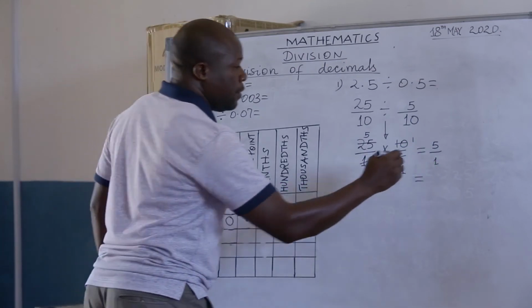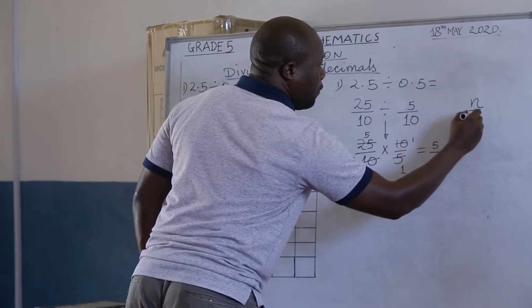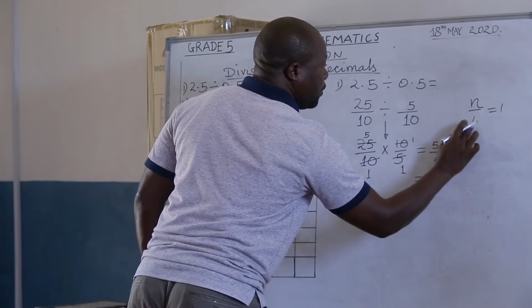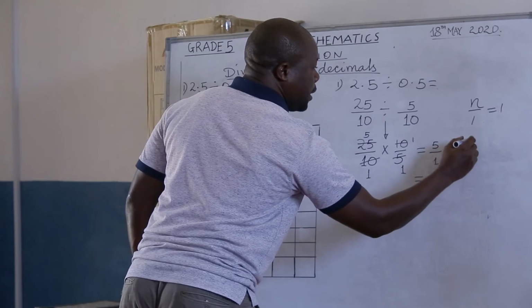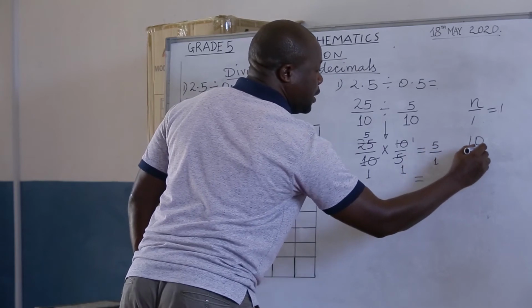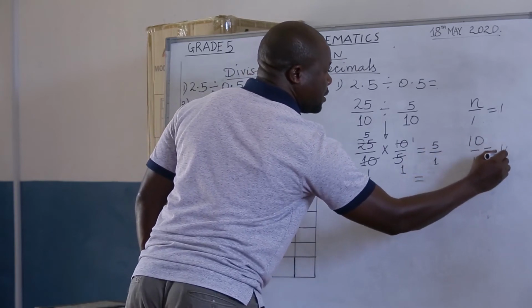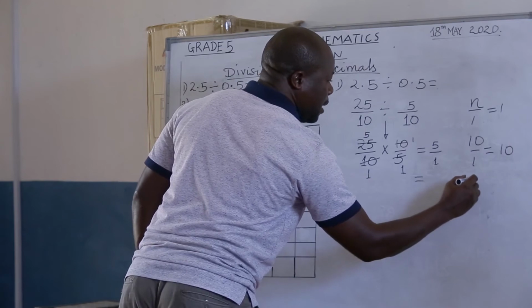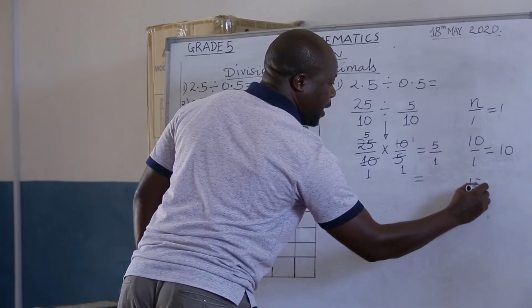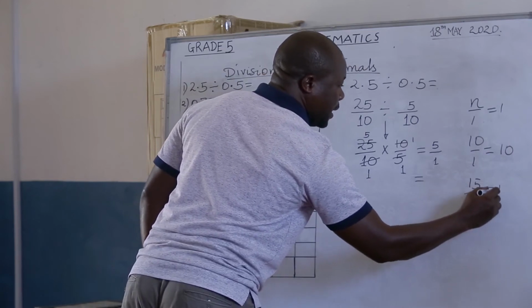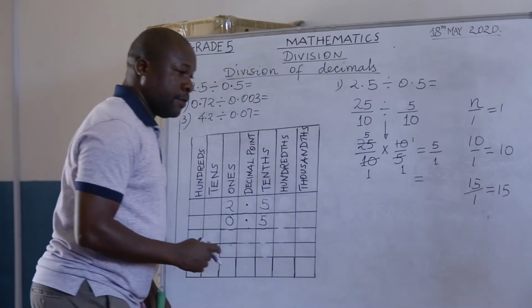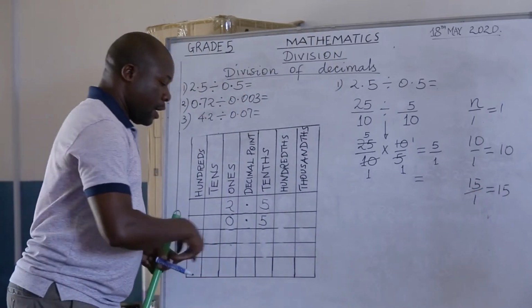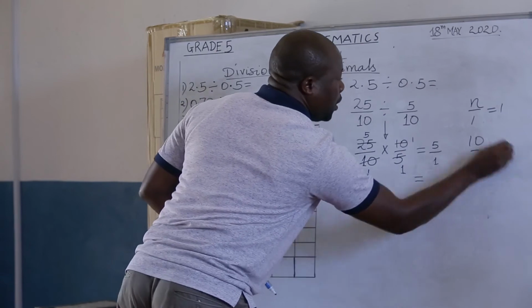I mean this: any number over 1 is equal to the same number. Take 10 over 1, dear pupil. The answer becomes 10. Take 15 over 1. The simplest answer here is 15. I hope you have understood me.